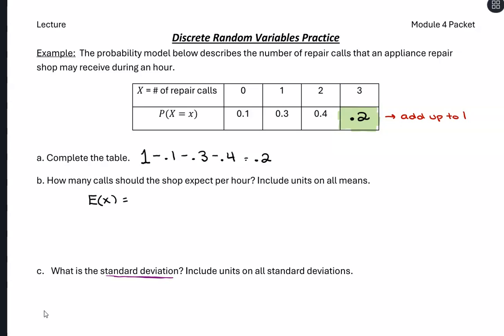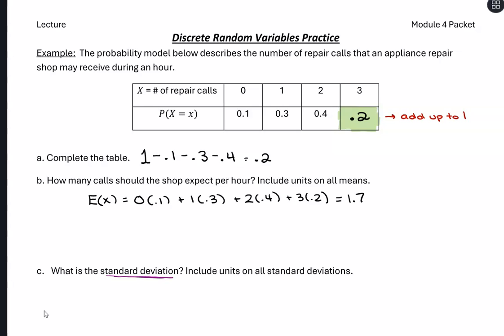To calculate the expected value, we would take 0 times 0.1 plus 1 times 0.3 plus 2 times 0.4 plus 3 times 0.2. That's going to give us 1.7. I'm going to round that to a whole number because the number of calls per hour is going to be a whole number.